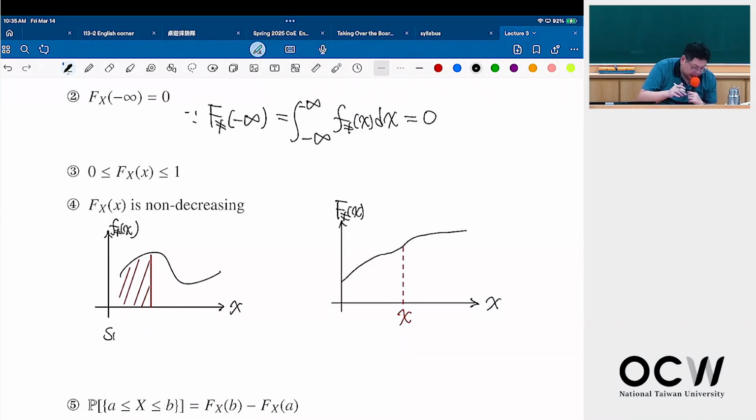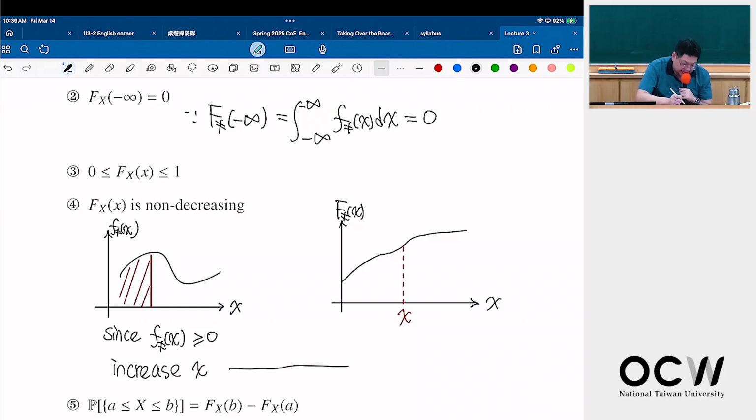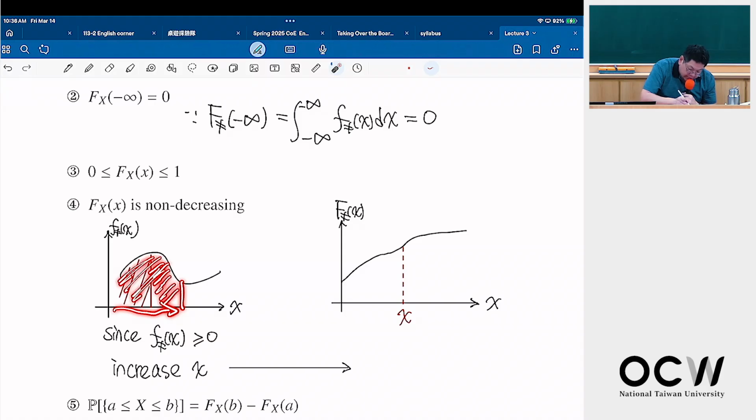Since your PDF is greater than or equal to 0, and we increase the x in the PDF, we get more area under this PDF, and these areas will be your CDF. So if I increase the x, my integrated values also increase.